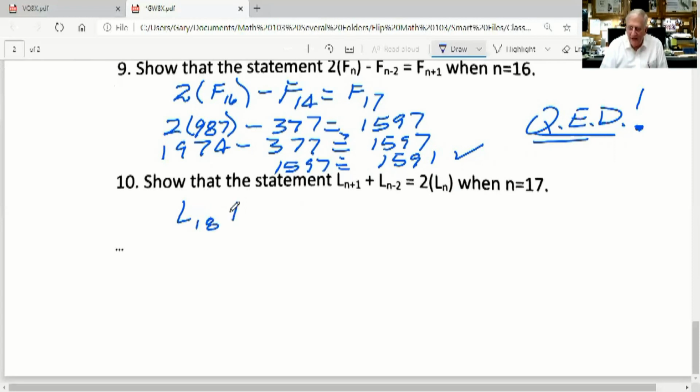And if I add to it Lucas 17 minus 2, which is 15. Is that the same thing as twice Lucas 17?